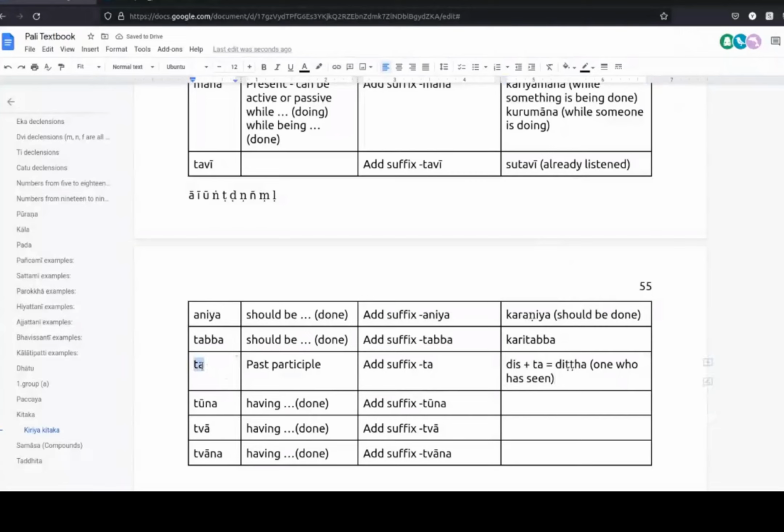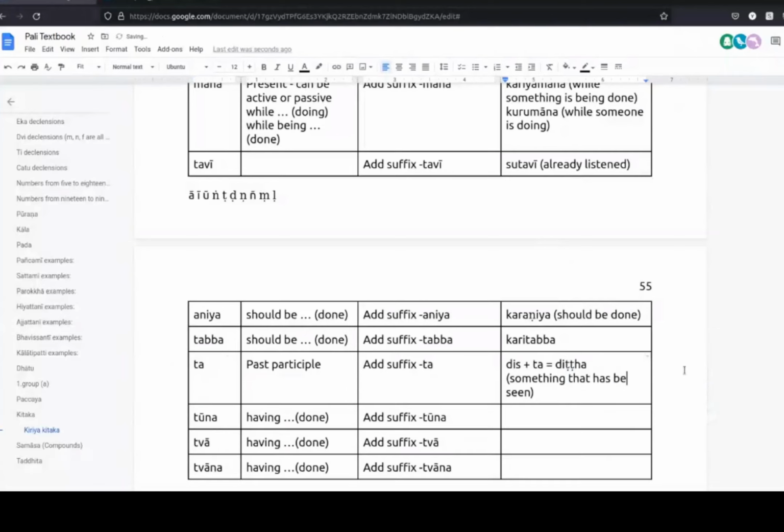The only important point is to know that ta is everywhere. And what it does is it makes it a past participle. So dis plus ta is something that has been seen, not someone who has seen. Has been seen. And it can be active or passive.